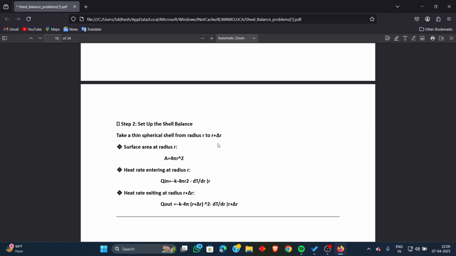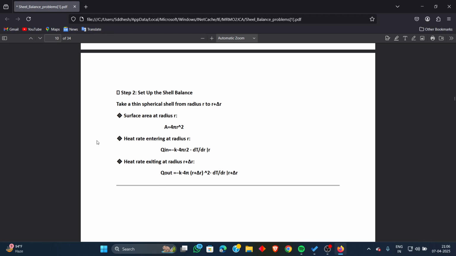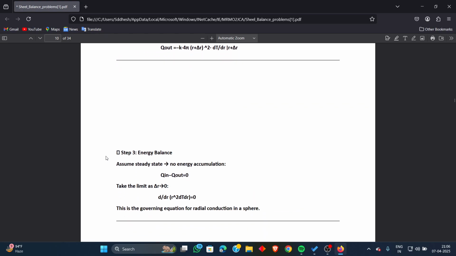Heat rate exiting at radius r plus delta r, Q out, is equal to minus k times area times dT/dr at r plus delta r. Q out is equal to minus k times 4 pi (r plus delta r) squared times dT/dr at r plus delta r.